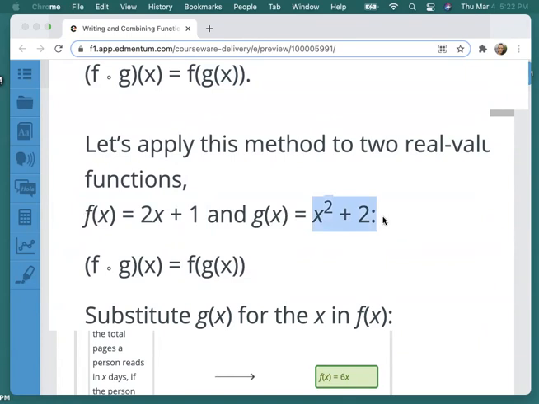So you're basically taking x squared plus 2, right? You're taking all of this and plugging it into the x right there, which you can see down here. You plug the whole x squared plus 2 into where it said x in the 2x plus 1.